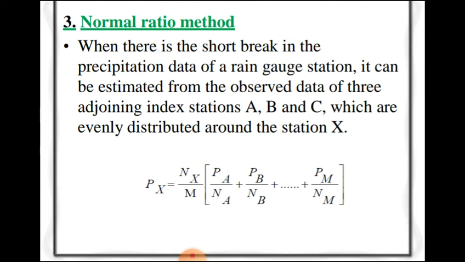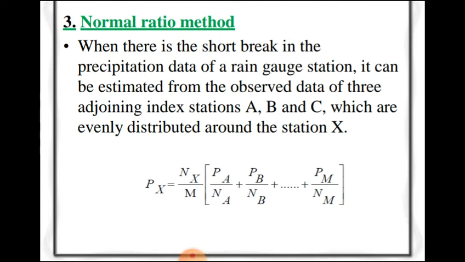We can check the consistency of data using the double mass curve, plotting accumulated precipitation against nearby precipitation. Once we estimate the data, we can check the consistency. Now, we have a certain area and want to find the rainfall over that area.